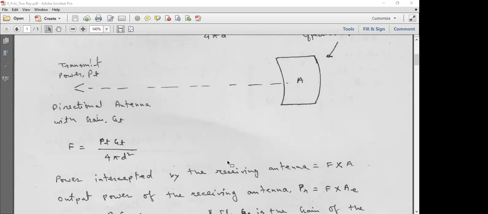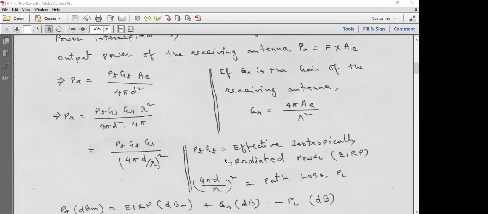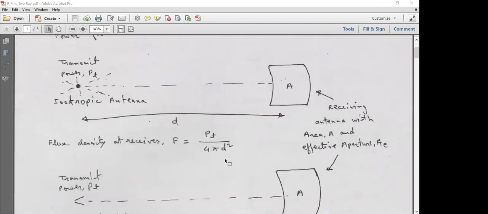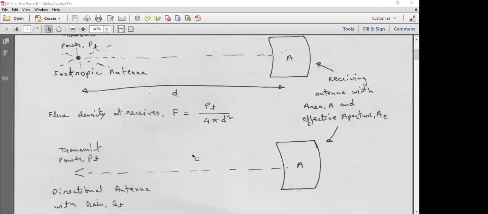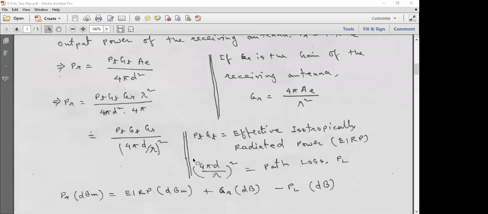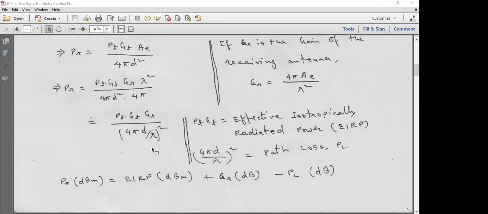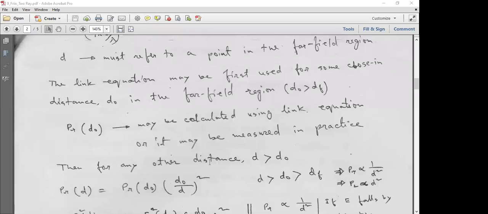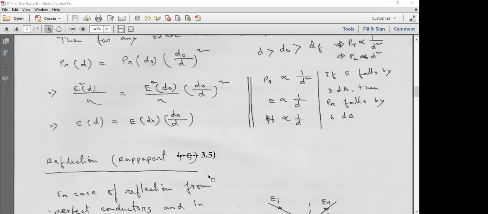This d by lambda relationship does not hold in all cases. It's for this particular case, the free space equation, where the signal is spreading. So you have to measure how many wavelengths it is covering.